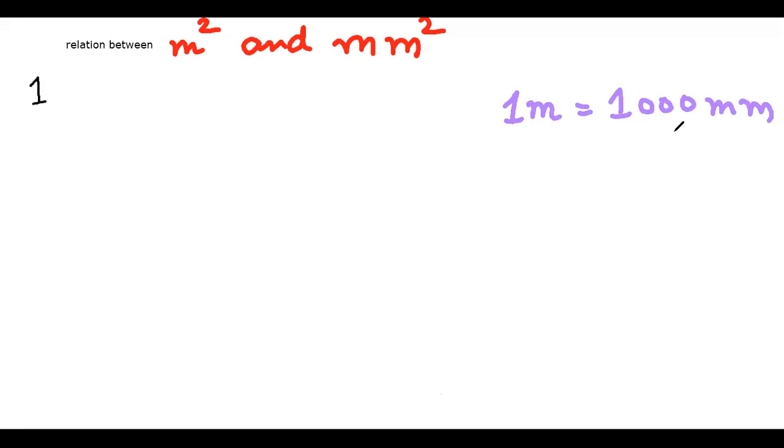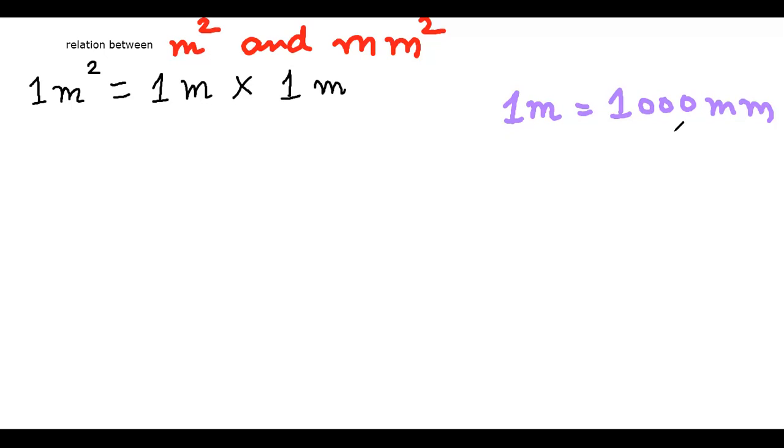Children, 1 meter square means 1 meter multiplied by 1 meter. What is 1 meter square? It is the area of a square having side 1 meter.